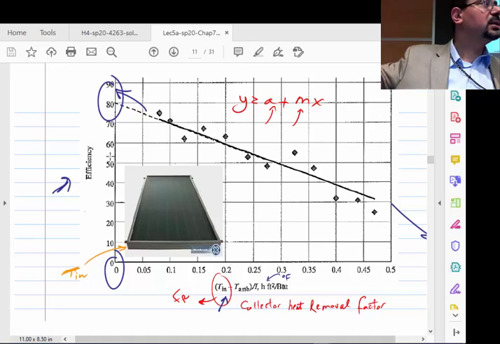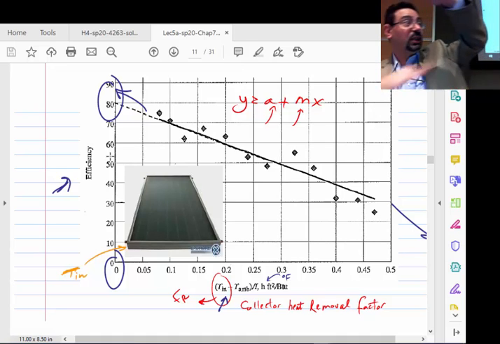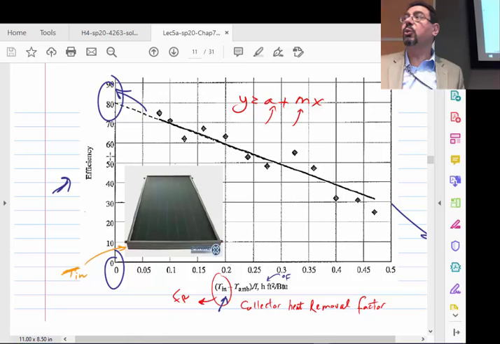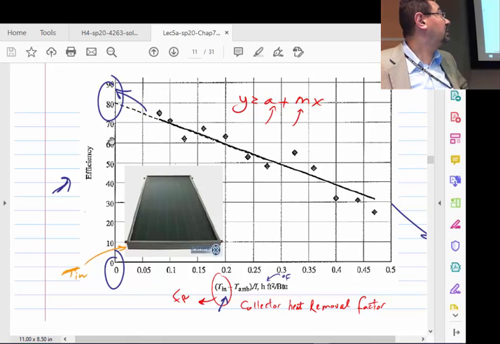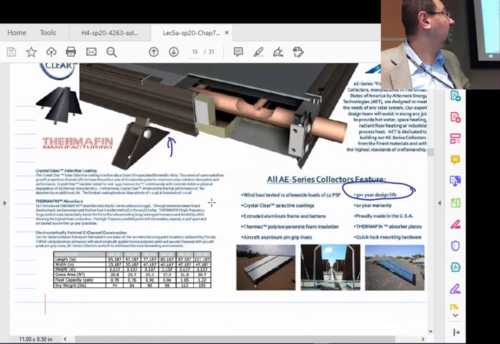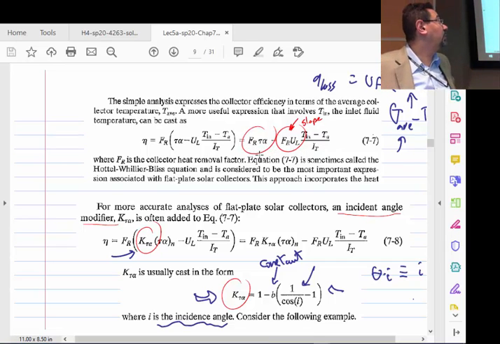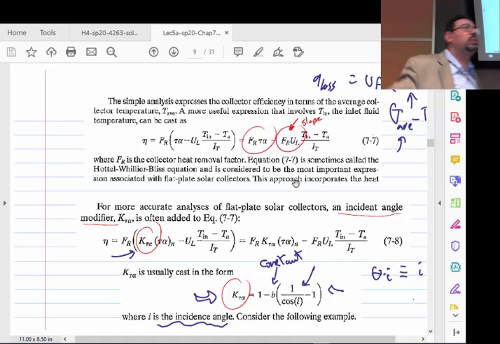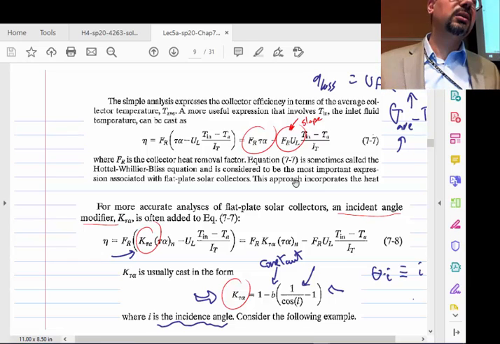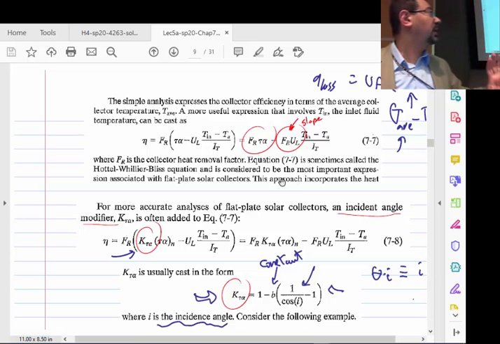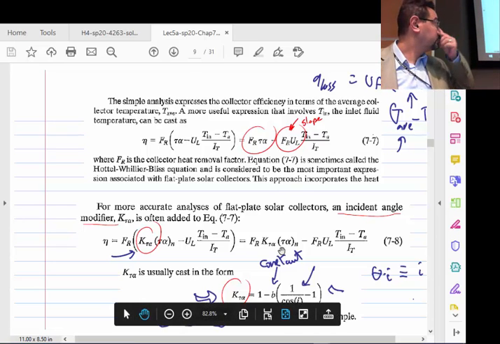The y dropped as x increased, so that's a negative slope. If it was increasing, you increase the x, the y increases, it will be plus slope. So you calculate the slope, and then what did you just calculate right now? You end up calculating the minus FRUL. So hopefully it will be minus, because there is minus FRUL, but you basically put your hand on FRUL. Okay, what's UL? The overall heat transfer coefficient of that box. Right? Point is, you got yourself the equation.